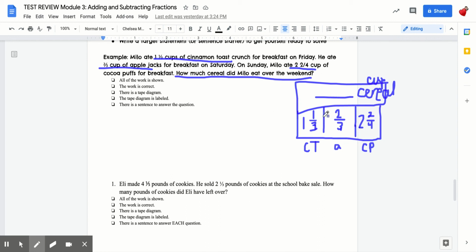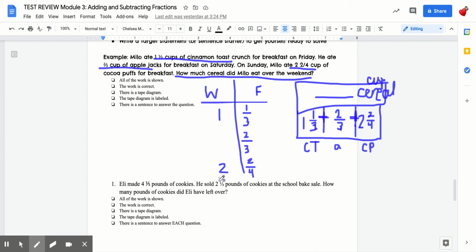Now to find the total, I know that we're going to be adding these together. So these are going to be addition problems. So here's my whole. Here's my fraction chart. It's 1 1/3 plus 2/3 plus 2 2/4.